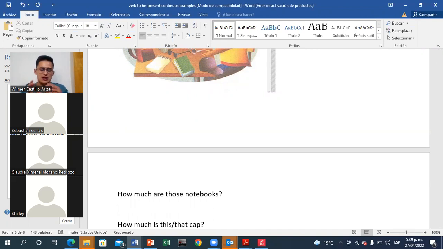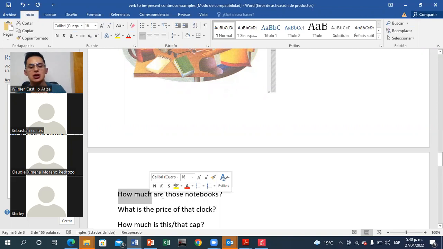Hay una que es muy traducida al español, no es tan común, pero también existe: what is the price of? ¿Cuál es el precio de ese reloj? What is the price of that clock? Como para que lo tengan en cuenta que también se puede utilizar, pero es mucho más utilizado how much. ¿Ok? How much are those?